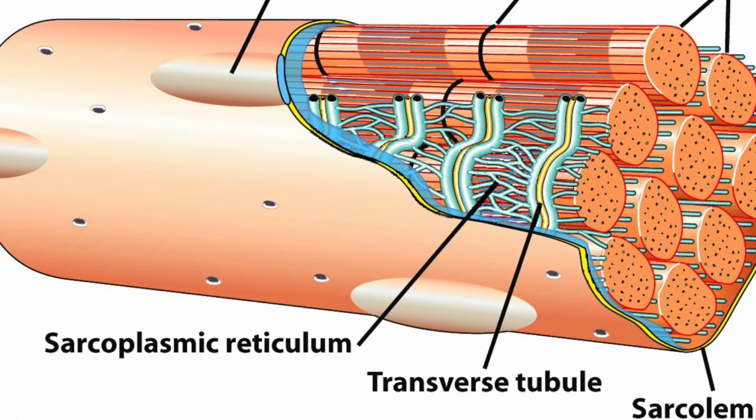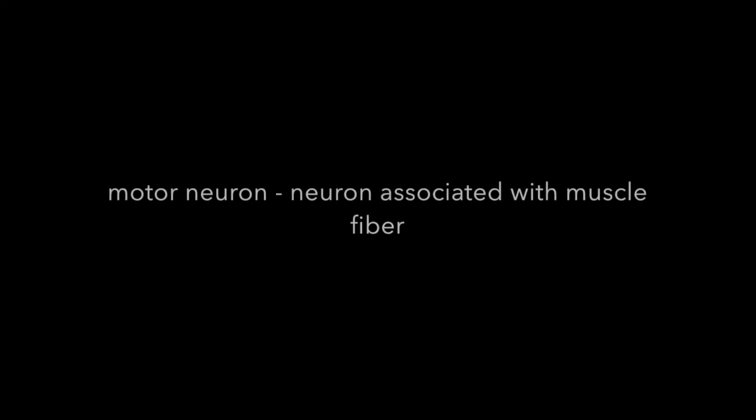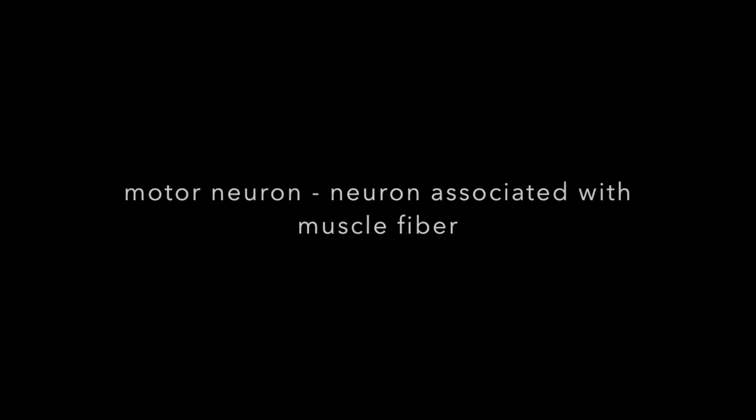In this stimulus, we see the synaptic terminal of a motor neuron, and a motor neuron is just a neuron associated with or controlling muscle-related processes. This synaptic terminal releases acetylcholine, which is a neurotransmitter. This neurotransmitter depolarizes the muscle fiber and produces an action potential, which is very important because all of muscle contraction, and everything I'm going to be talking about, ultimately begins with action potentials.